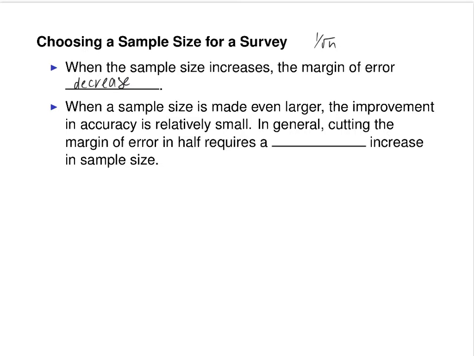And because of the rooting, you can't make something twice as accurate by doubling your sample size. To cut your margin of error in half, you have to have a 4-fold, as in 4 times, increase in sample size. So if your sample was 100, to make it twice as accurate, you have to go to 400 people. And I'm going to show you why that's true with some numbers.